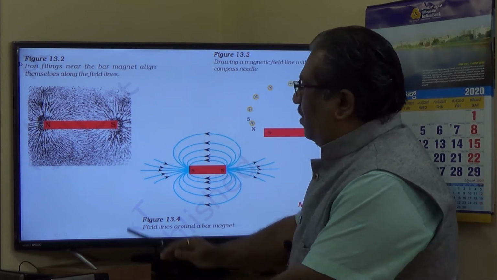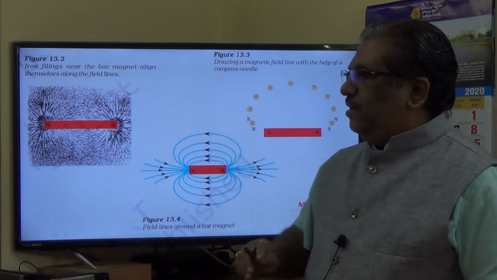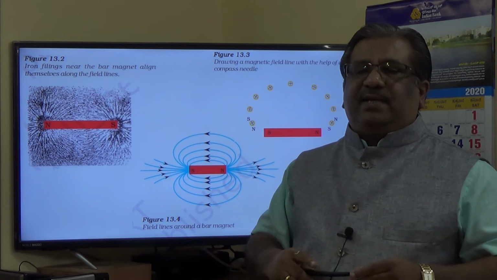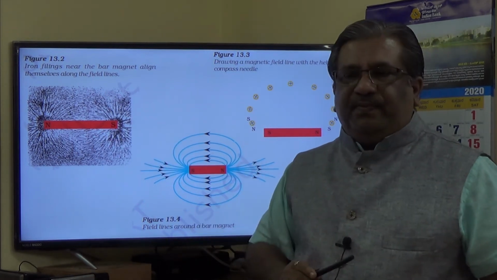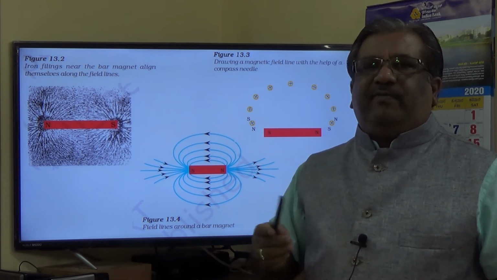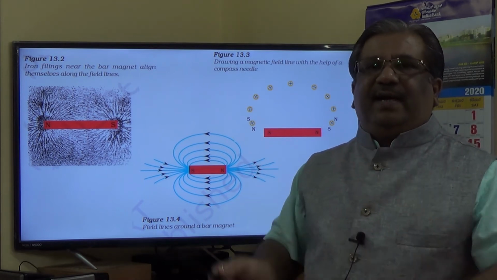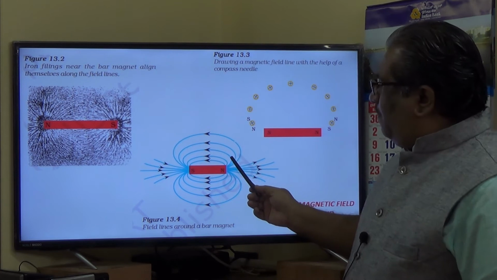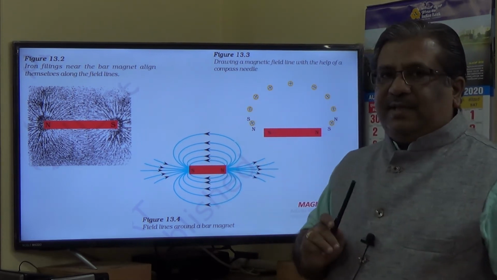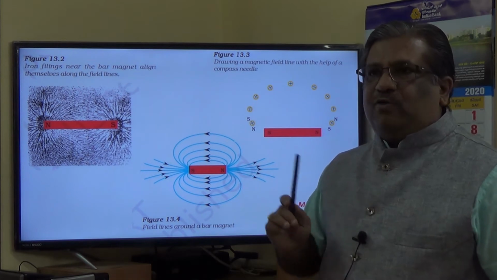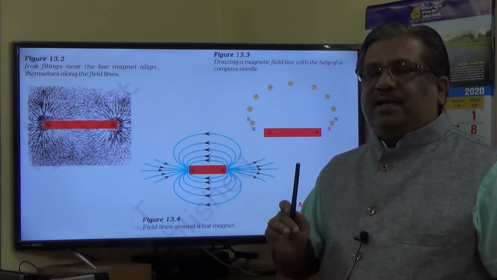The region surrounding a magnet where another magnet can experience a force is called the magnetic field. A representation of the magnetic field is by means of magnetic field lines. One can plot these magnetic field lines using the instrument compass. How to plot? We'll have a look at a small video.